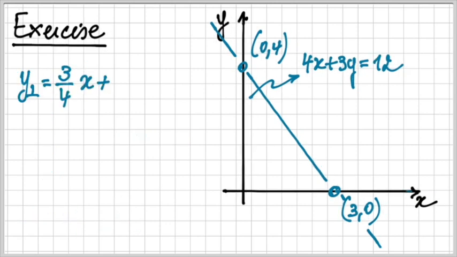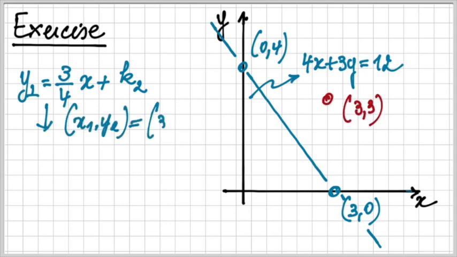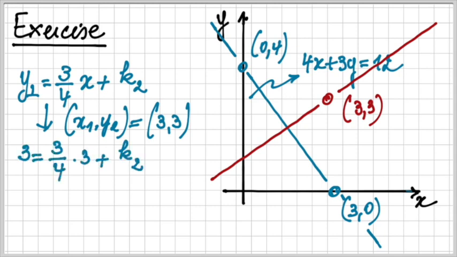Now we have that equation 3/4 x plus k2, and we select a point (x1, y1), which is the point (3, 3). So we have the line through this point, and we can now replace x and y in the equation by 3 and 3. So we can rewrite that 3 is equal to 3/4 times 3 plus k2, and the only unknown in this case is k2.